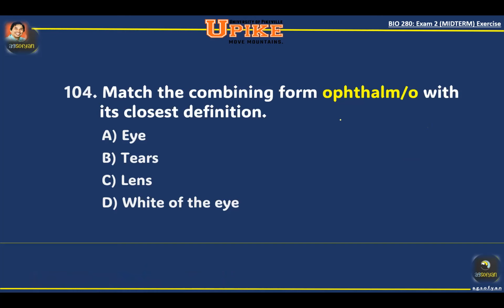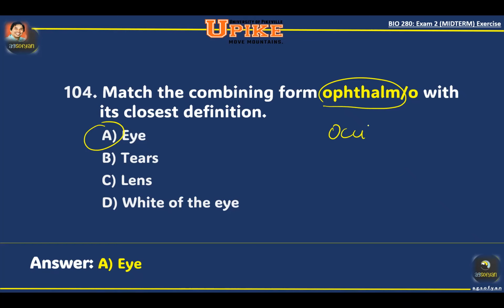Ophthalmo. So ophthalmology is the study of the eyes. So eyes, ophthalmo, right? Oculo also means eyes. So there are several terms in the terminology for the eyes: ophthalmo, oculo.